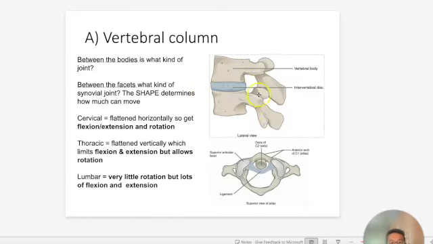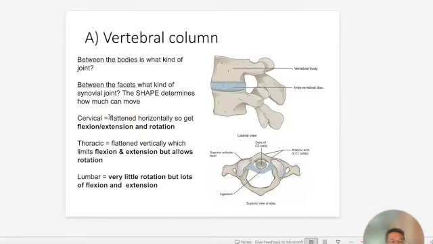Here's the facet. Facets are in between the superior and inferior vertebrae. In the cervical, here's the atlas, the first bone. Here is the second bone, C2. This is how it rotates left and right.